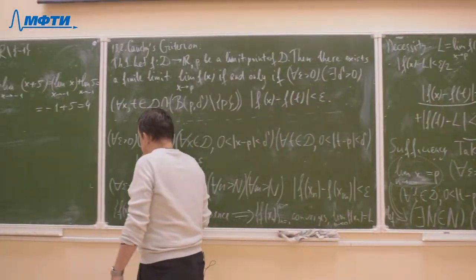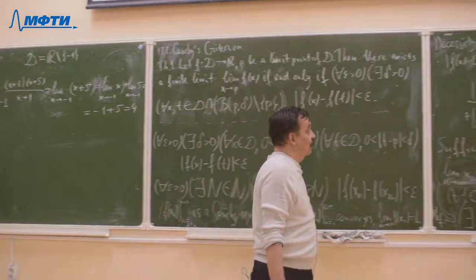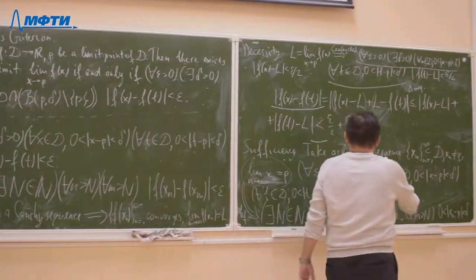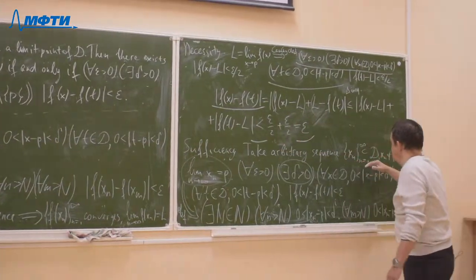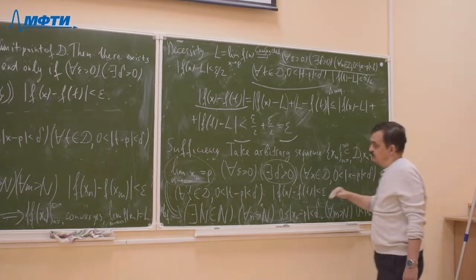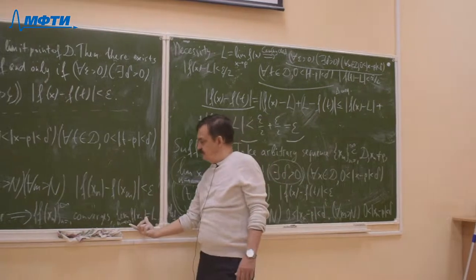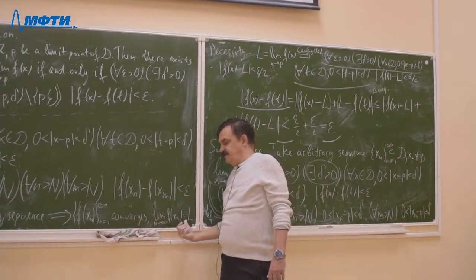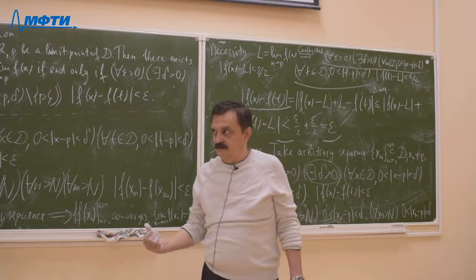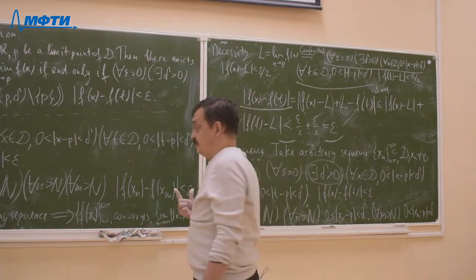Look, what we have proved up to now. We took an arbitrary sequence xn, with xn not equal to p, limit of xn equals p, and we have proved that the sequence of values converges. We didn't prove the result yet.